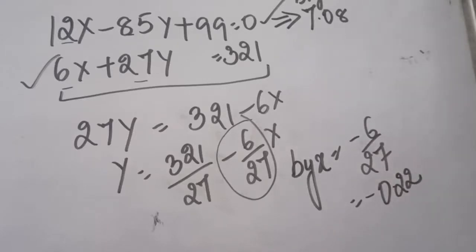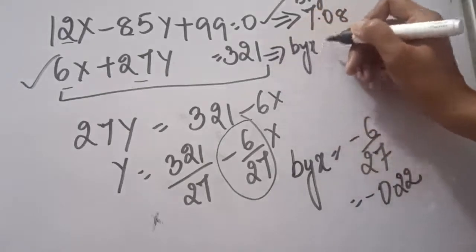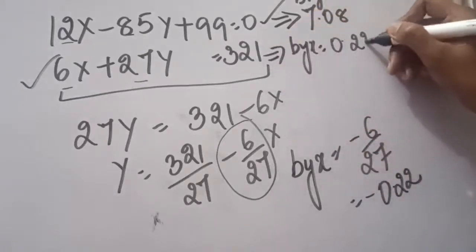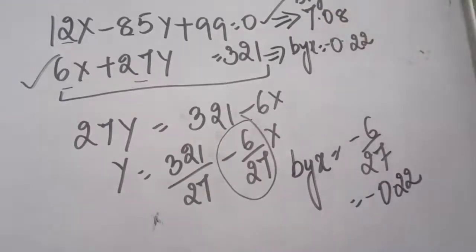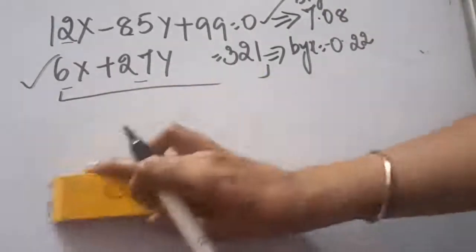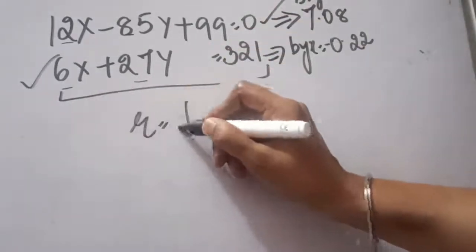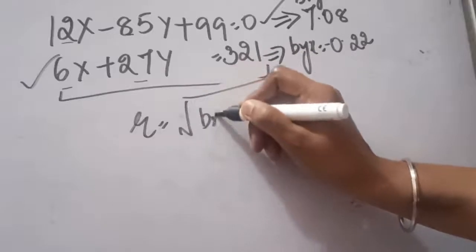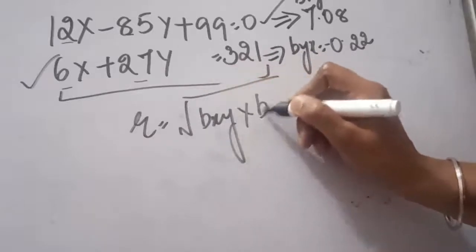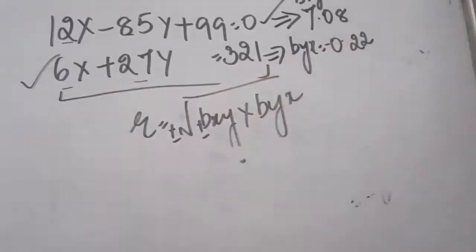But you have to remember that I am moving with one assumption. Now from this equation I got byx, that is 0.22 in negative. Now I just have to check whether my assumption was right or wrong. How will I check that? By this formula, which you have seen in the property video. Here also we can use the plus minus.